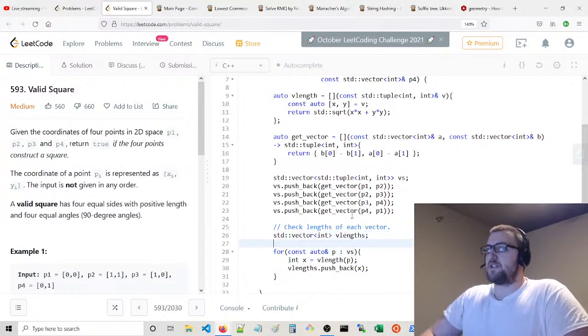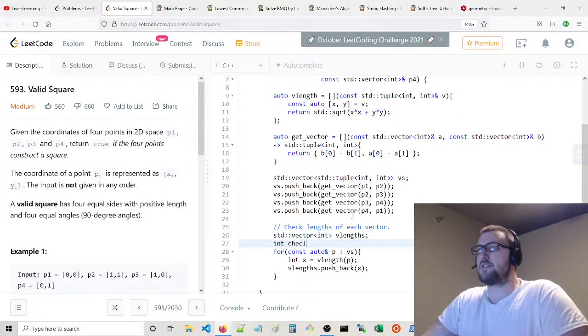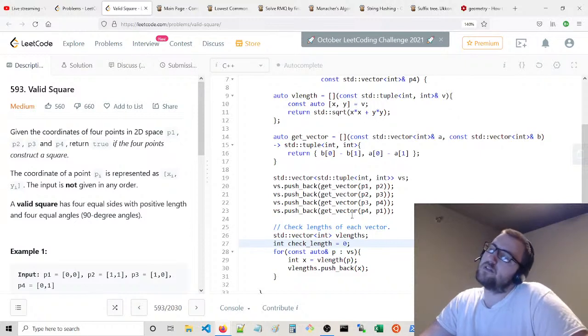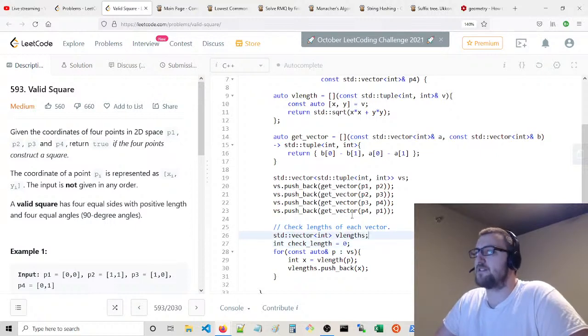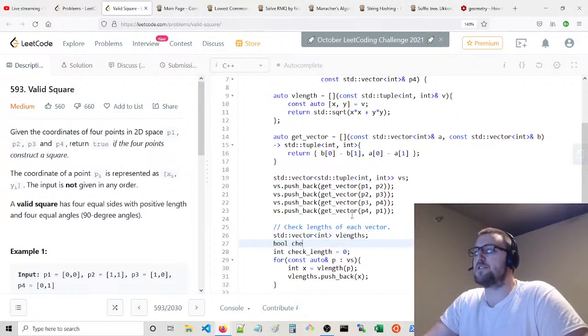We're also going to say int check length equals 0. We actually want to check that they're all equal to each other. We could just do something like a Boolean. First length equals false.